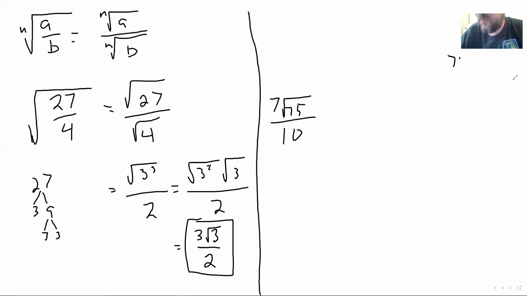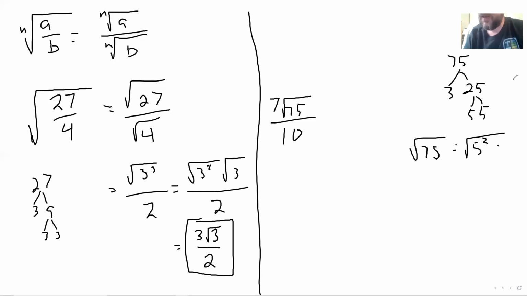All right, so 75 is 3 times 25, which is 5 times 5. So square root of 75 equals the square root of 3 times 5 squared, which we split up into 2 pieces.